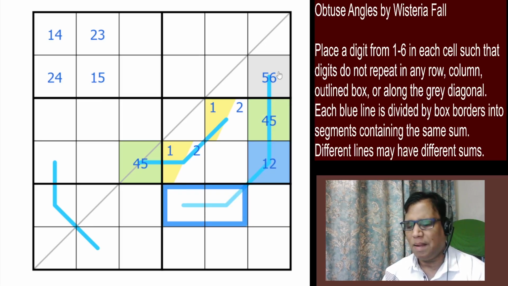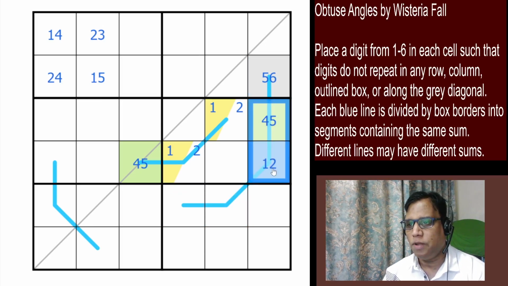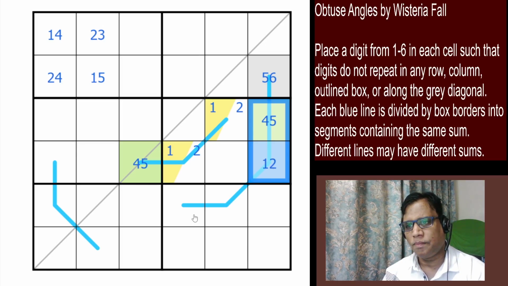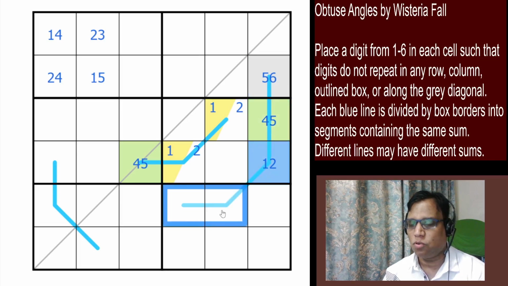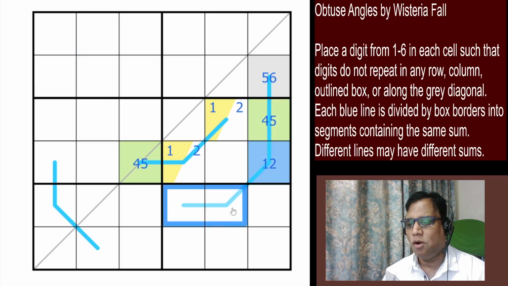Simply putting an example, if this is 5, this could be 4, 1, and this could also be 4, 1, or this could be 2, 3, that way. So the question to ask is, are these two same or are these two different?